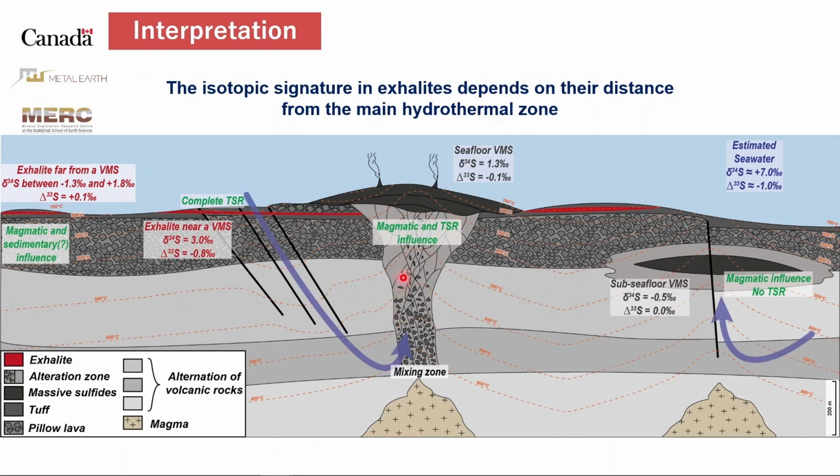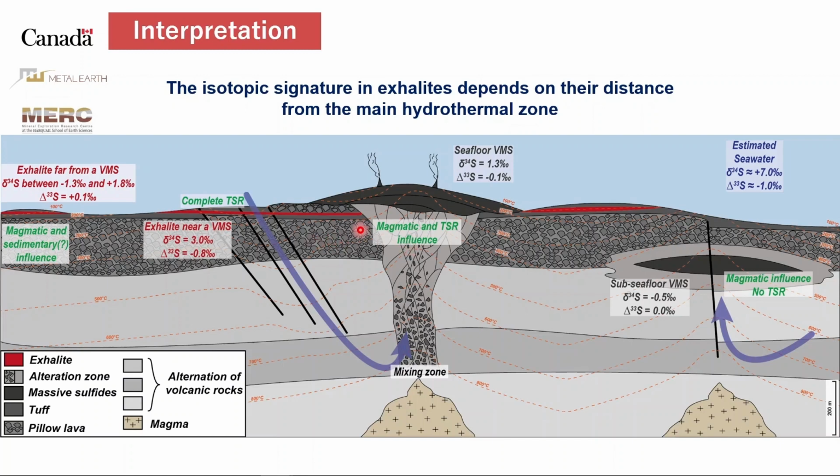These exhalites aren't entirely straightforward. The question is, how do they form exactly? It seems to suggest they're not just a slightly more distal expression of the same. Yeah, definitely. As nobody is really clear on how they form, it's a bit difficult to say.